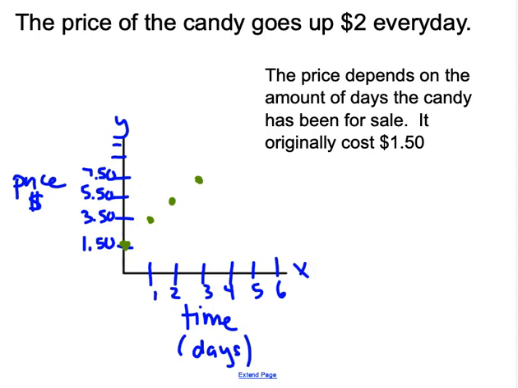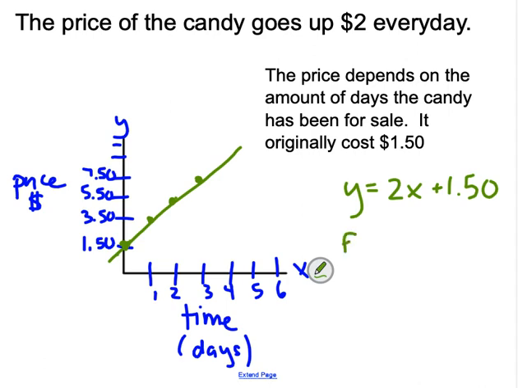So if I asked you to write an equation to represent this as if it were continuous, you'd say, well, the slope goes up $2 every day, and then it started at 150. So y equals 2x plus 150 would be an equation representing if you had a line going through these points. Now to change it to proper function notation, all you do is replace the y with f of x.